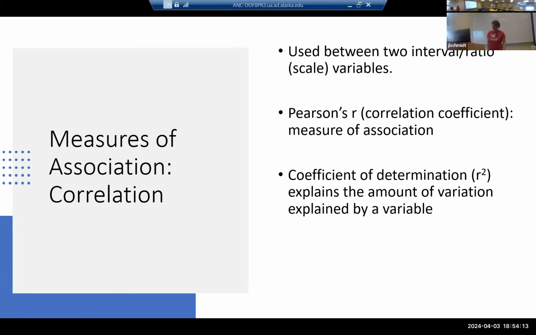Yep, it's the amount of the difference you're seeing in the dependent variable that can be explained by the independent variable. Cool. In that case, 5% isn't very much. There's some relationship there, but there's a lot of variance in your data that isn't being explained by whatever variable you're using as your independent.